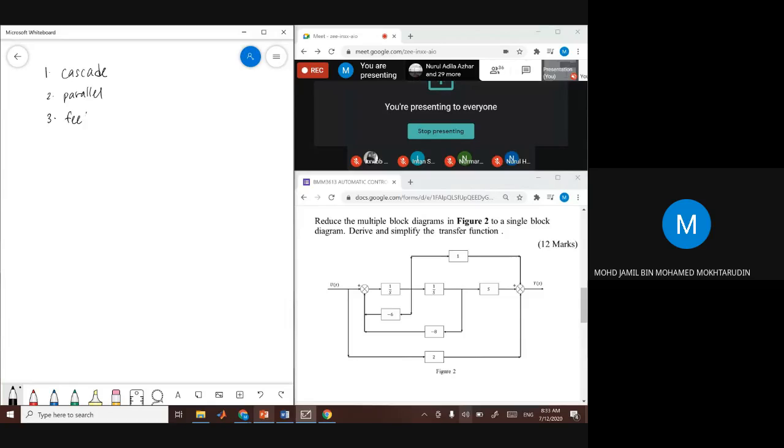So if you cannot find any of these three, then you need to start with moving the pick-off point to the right, and moving the summing junction to the left. Then lastly, you repeat the process.